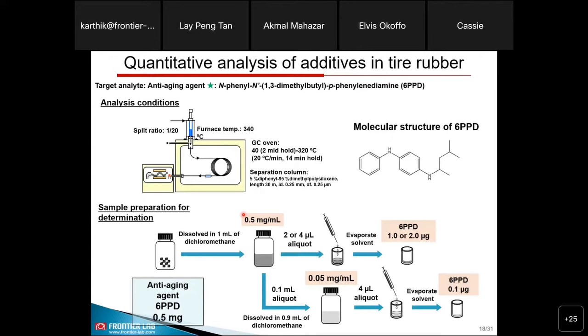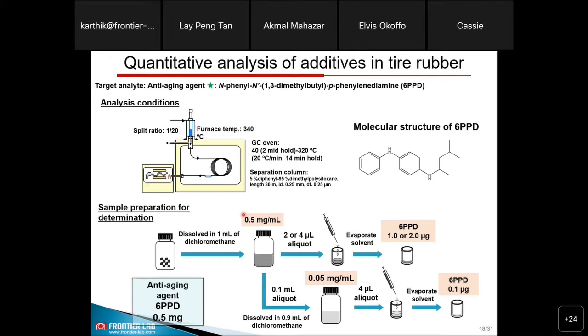Here the objective is we want to estimate the anti-aging concentration in different parts of this tire. This anti-aging agent is N-phenyl-N'-1,3-dimethylbutyl-p-phenylenediamine, in short, with the acronym, 6PPD.